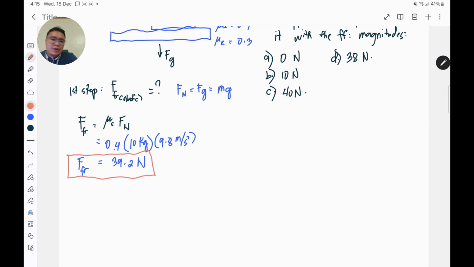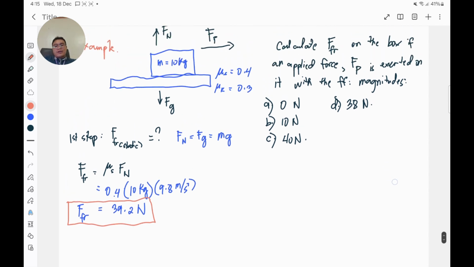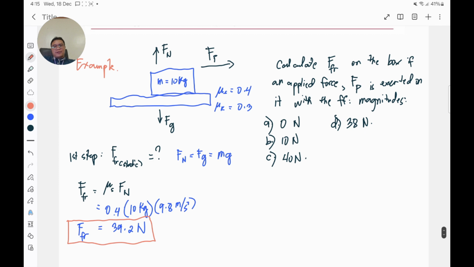So this is our preliminary step towards our answer in letter A to letter D. Now, let's try to identify whether these forces have an effect on your object.